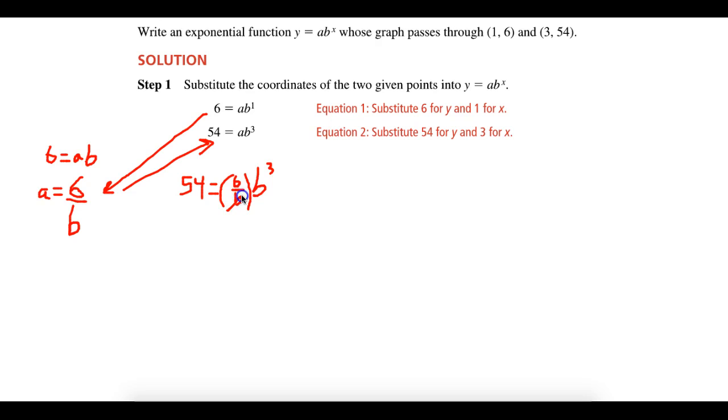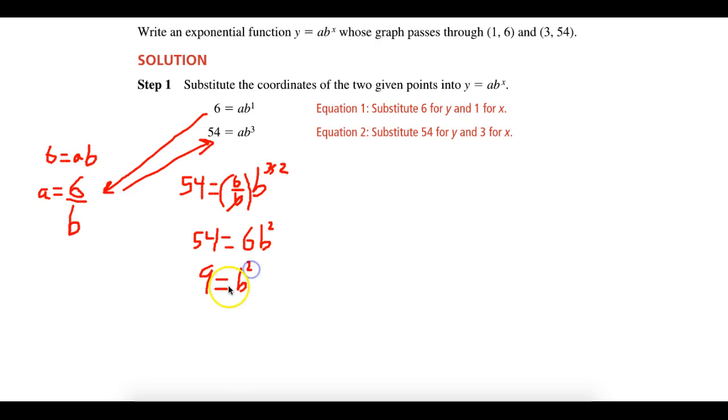Now, this b and this cancel, so we end up getting 54 equals 6b squared. And now it's simple. We just divide by 6, so we get 9 equals b squared.